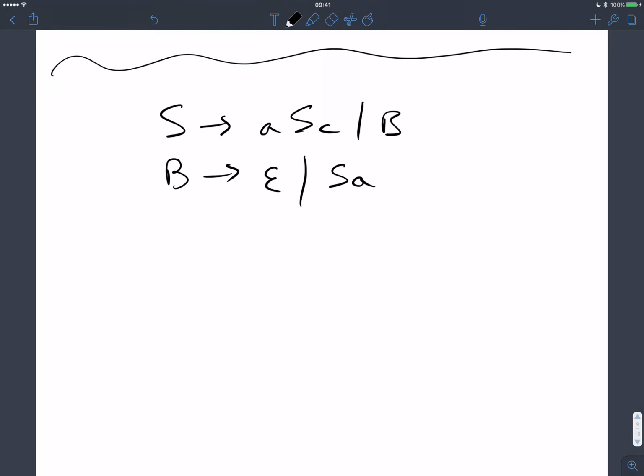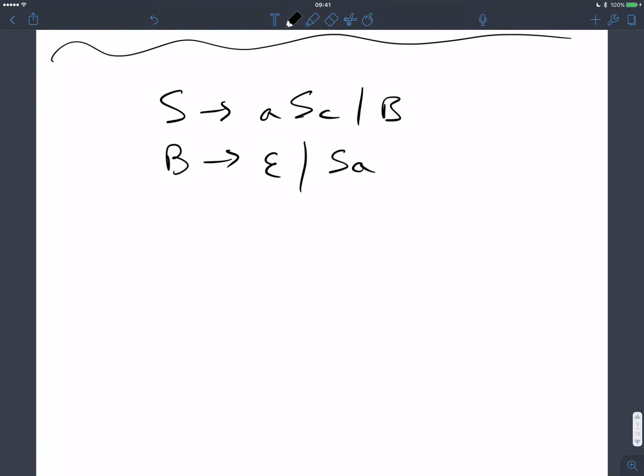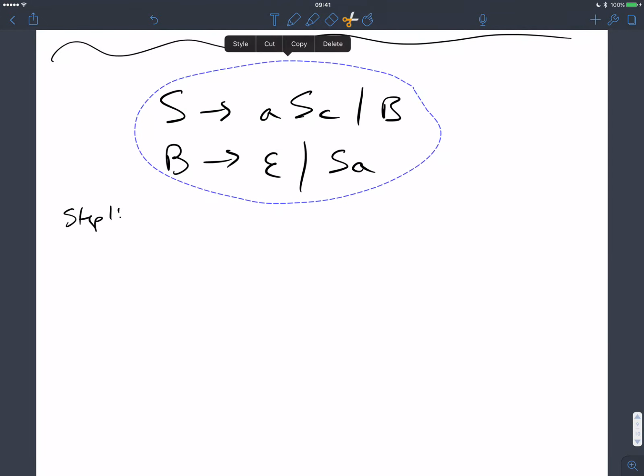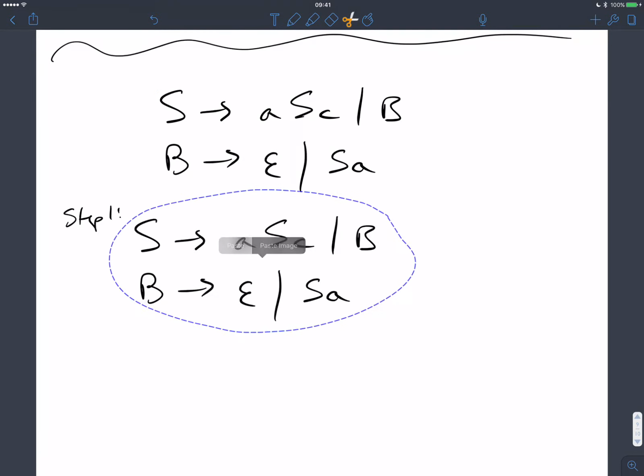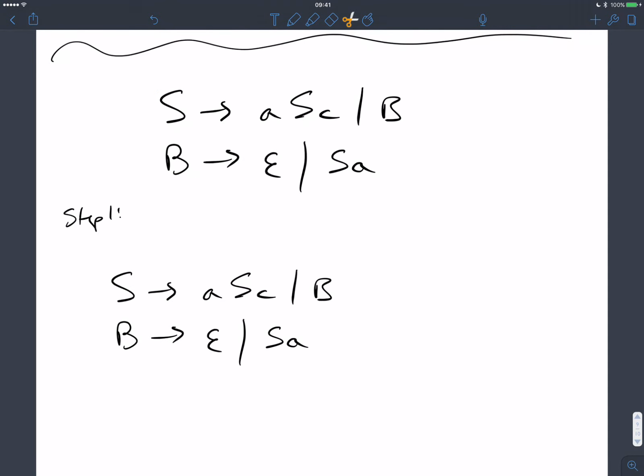No, I think it is regular. So if I want to convert this thing to CNF, what should I do? A new start variable. Yep. So step 1, make a new start variable. So how do I do that? S0 is going to make S, where S0 is the new start variable.